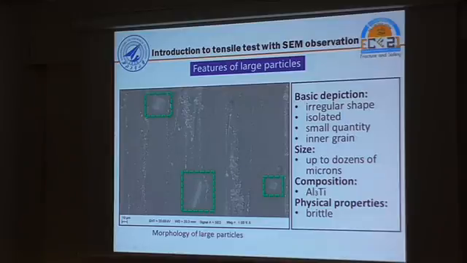The large particle size is up to thousands of microns, and its composition is aluminum titanium. And the large particle is very brittle.